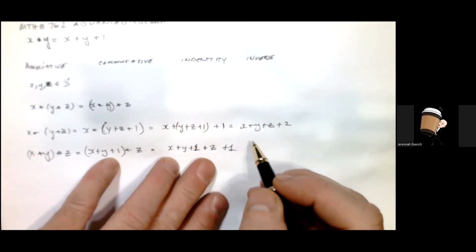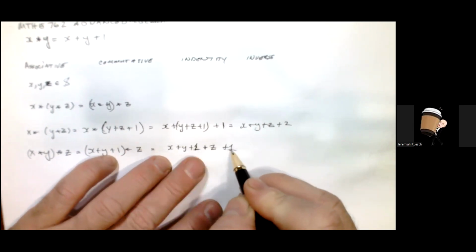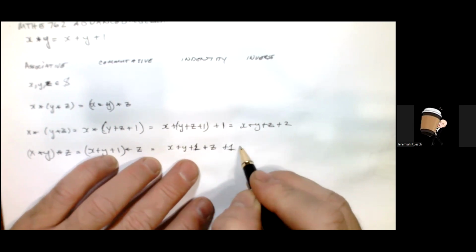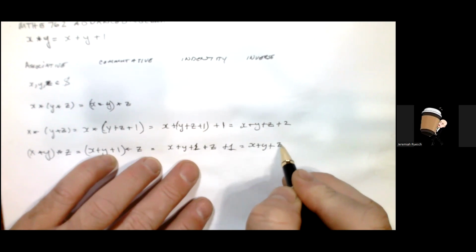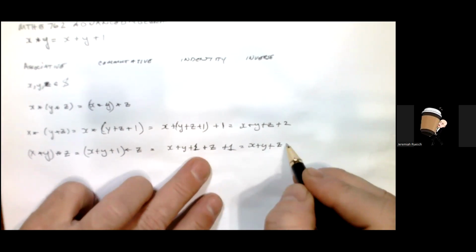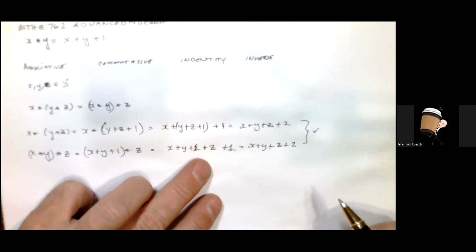And then given that these are all elements, let's say the real numbers, I can shuffle this 1 and make that a plus 1. And so this is going to be x plus y plus z using the commutative property of the real numbers, and then plus 2. And so since these two are the same, it turns out that this is associative.